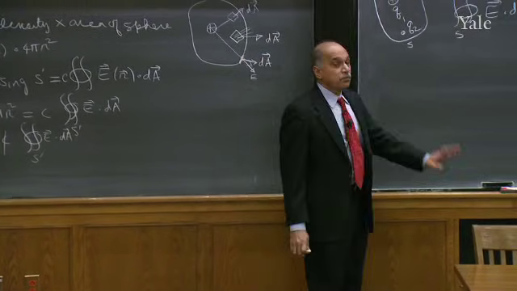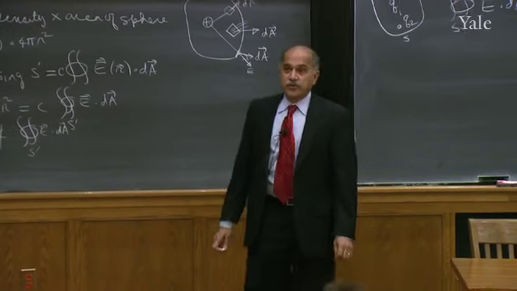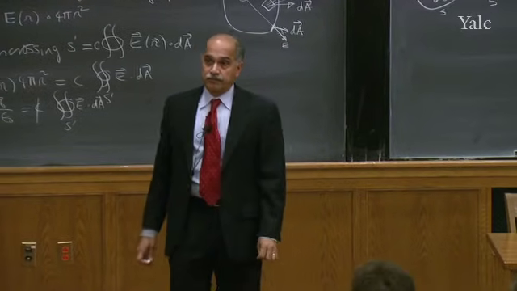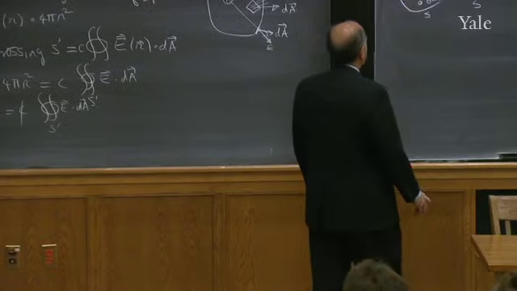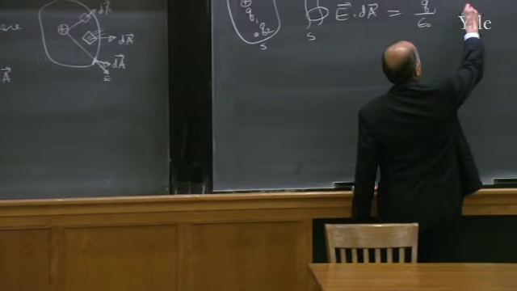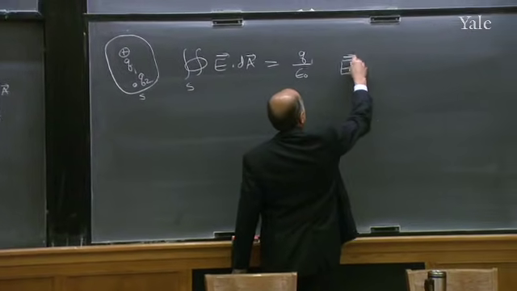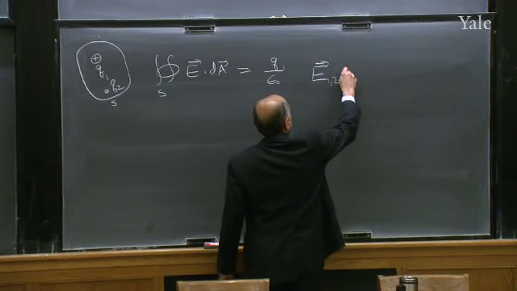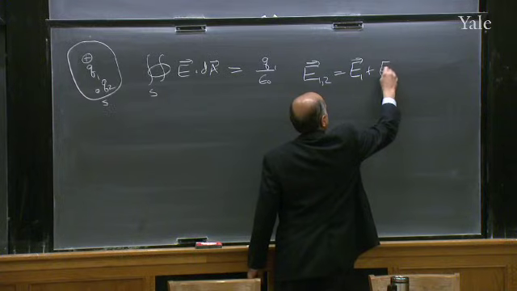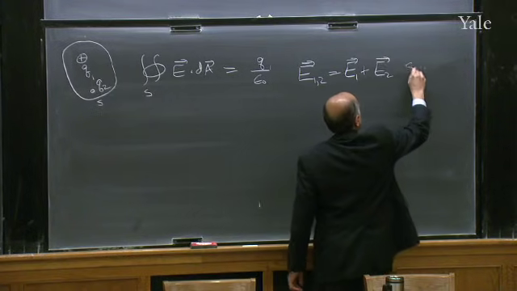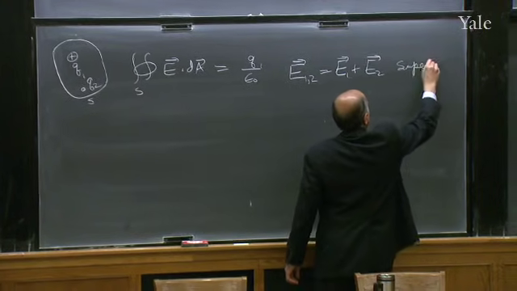Forget the lines of force completely. Not interested. I'm interested in the electric field. Focus on the electric field, for which there's a very simple rule. The electric field due to two charges, 1 and 2, is the electric field due to 1 plus the electric field due to 2. That's the great principle of superposition.